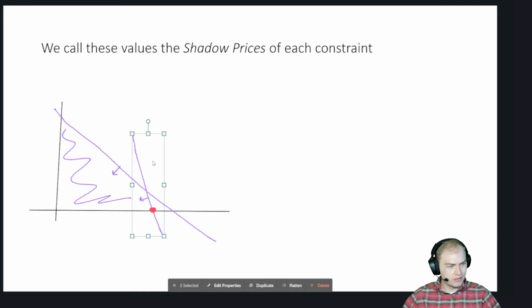So that's sort of the relationship we're seeing here. And the shadow prices, i.e. the dual optimal solution, tells us how much that increase or decrease is.